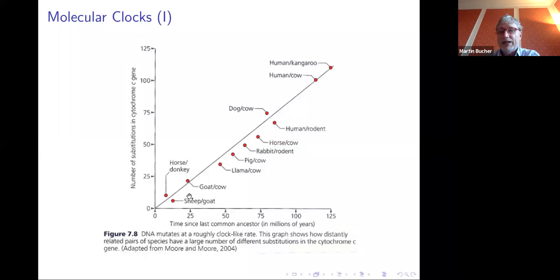But here you can see these divergences, and with fossil records, you can establish when you think the species diverged, and then look for consistency. And this seems to be a pretty good fit.